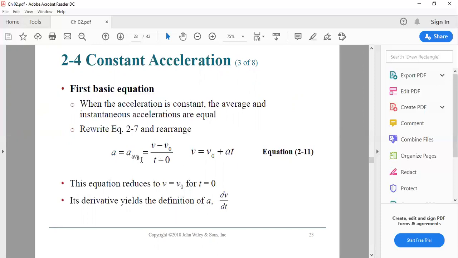So then the average, or a, is going to be v minus v naught divided by t. If you rearrange that, you get this particular equation. If you take the derivative of this, dv with respect to time, you get back acceleration, or the definition that we had earlier.